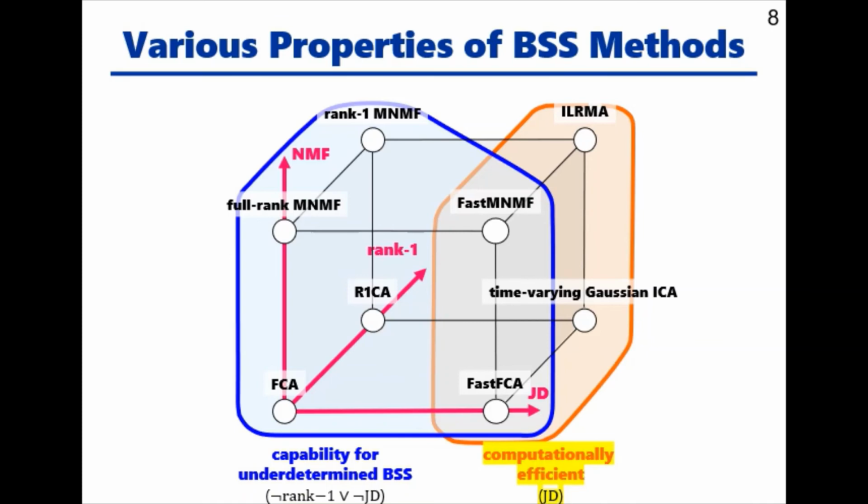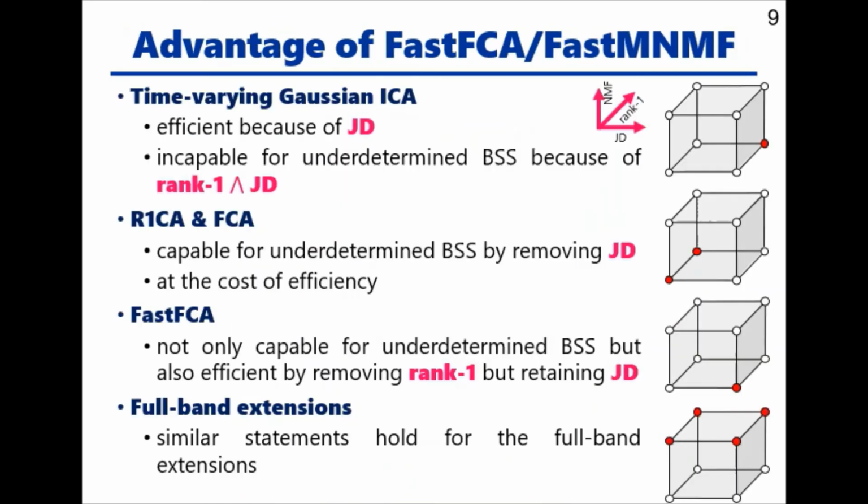Moreover, computationally efficient BSS is possible when the JD constraint is present, which corresponds to the region shown in orange. These properties highlight the advantage of FastFCA and FastMNMF over the other methods.